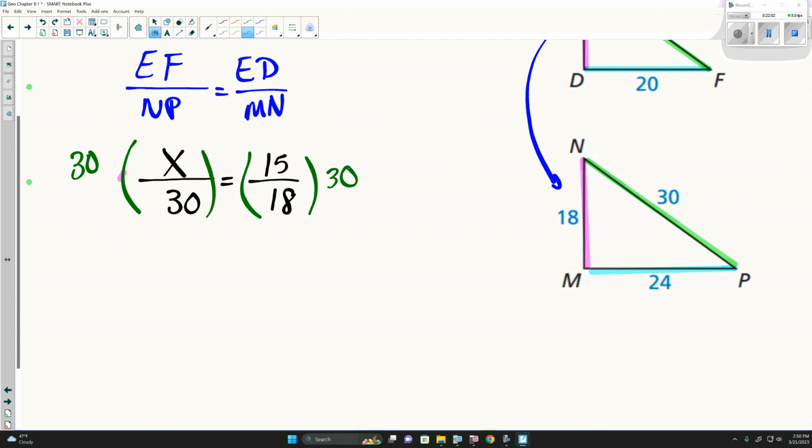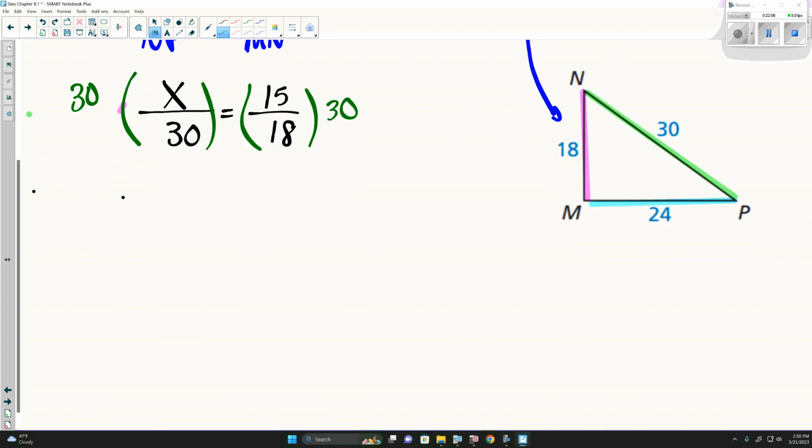And the reason we do this, I'm going to write this out so we can at least see it once. Because if we multiply X over 30 by 30, we multiply the 30 by just the numerator, which would be 30X over 30. The other side, we can multiply the top by 30, so we'd have 15 times 30 over 18.